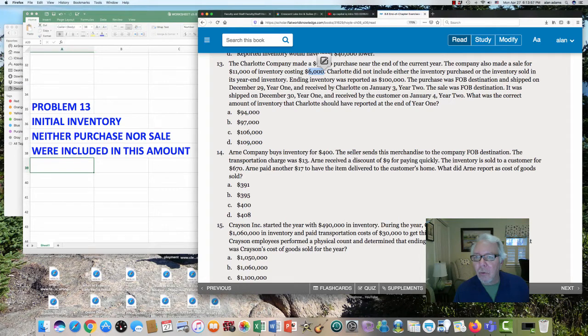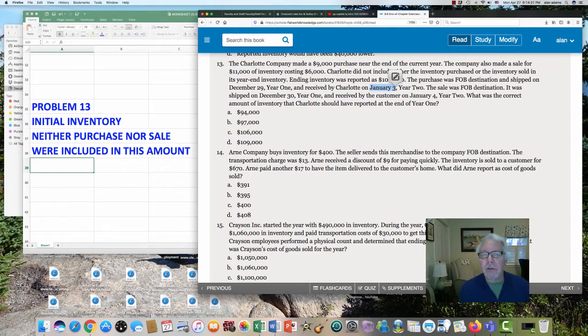Okay, so we're starting with an unadjusted amount of 100 grand. Now the purchase, let's start with that $9,000 purchase. It was FOB destination. It was shipped on the 29th, straddled the end of the year, and arrived January 3rd. Should it be in our inventory or not? It's not in the 100,000 right now. Should it be?